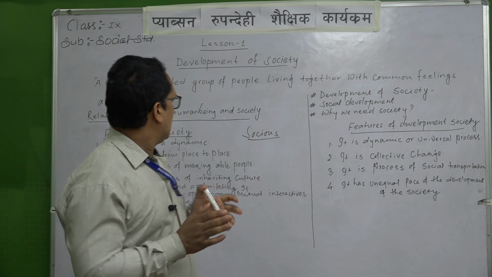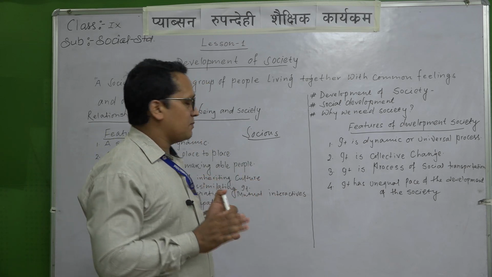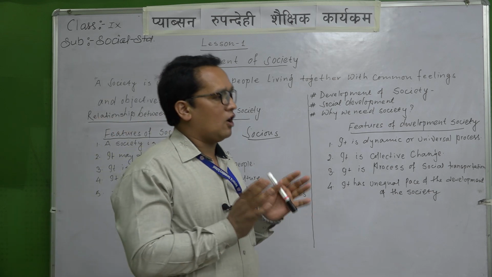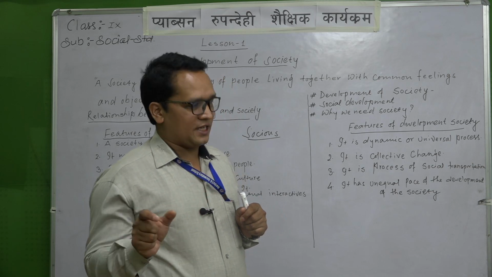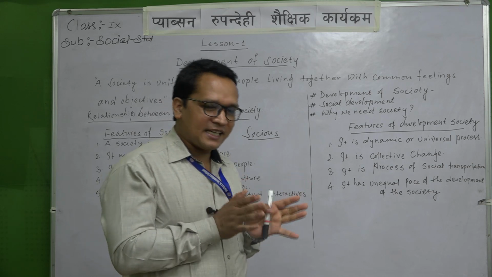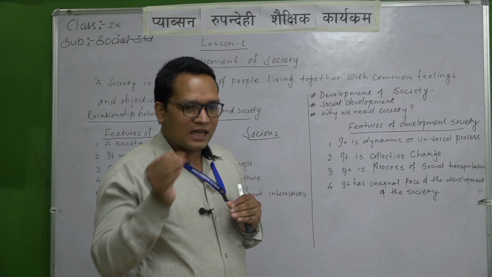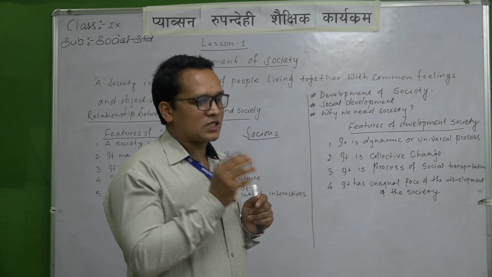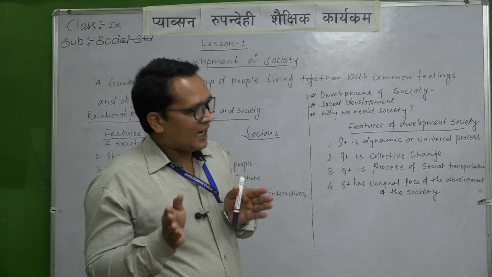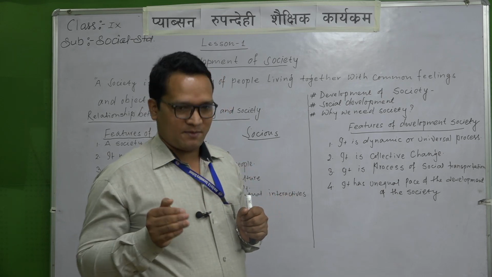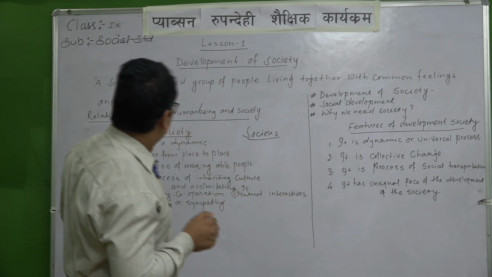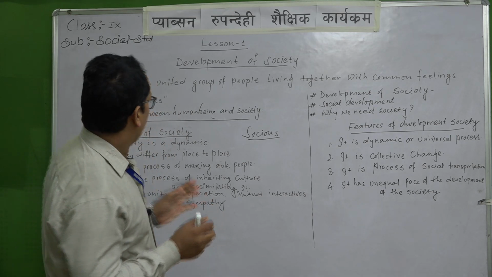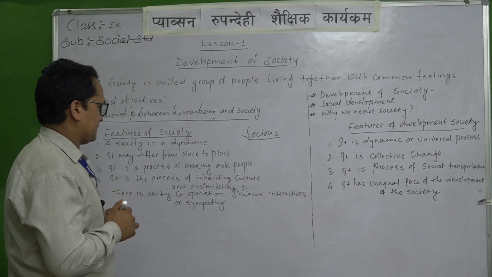So when explaining the relationship between human being and society, you have to explain the ways of existence: how society can be formed, that without human beings society cannot be formed, and without society human beings cannot remain as human beings. So there is a very close relationship between human being and society.